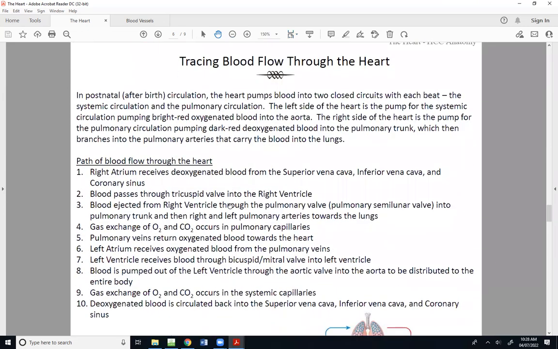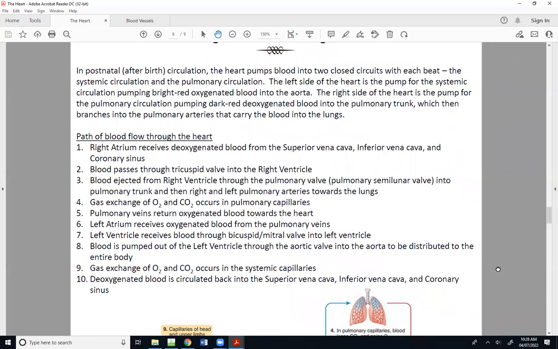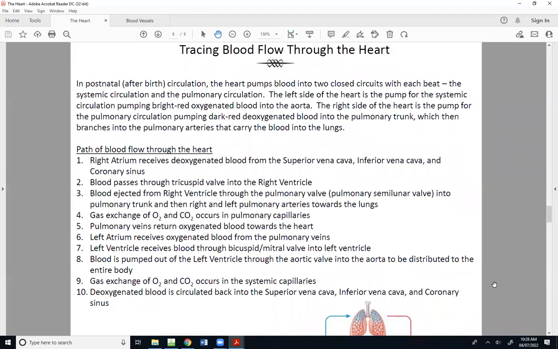All right, so now that you know all the different structures associated with the heart, whether it's the heart or the blood vessels attached to it, we can trace where that blood flows in and out. Now we have to think here in postnatal, or after birth, circulation, because this is when we start pumping blood into both the systemic circulation, which feeds everything from our head to our toes, and the pulmonary circulation, which is what our right side pumps to so the blood can get oxygenated in our lungs.